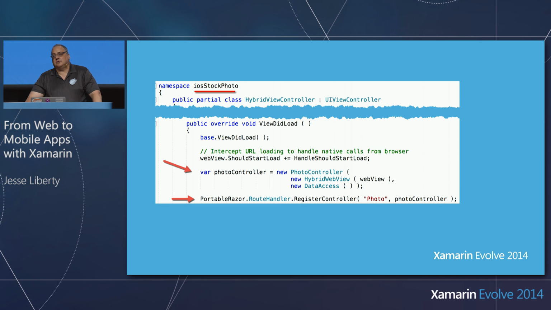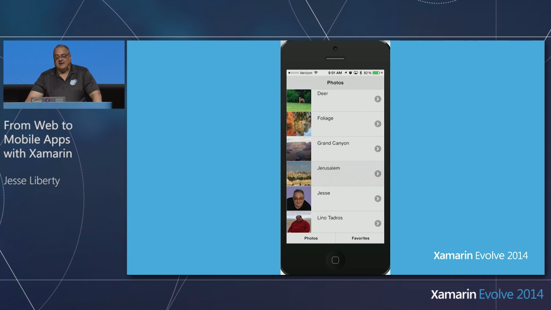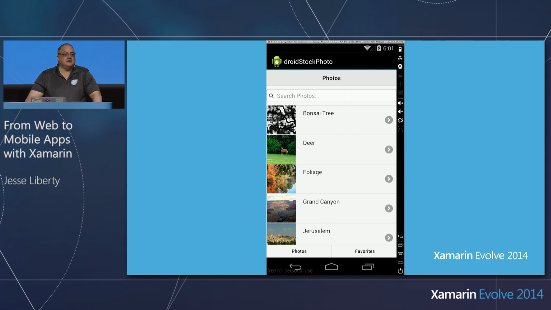When you've done so, you then have an iOS application that works identically to your web application, and you have an Android application and a Windows Phone application, all with the same code base, based on your MVC application.